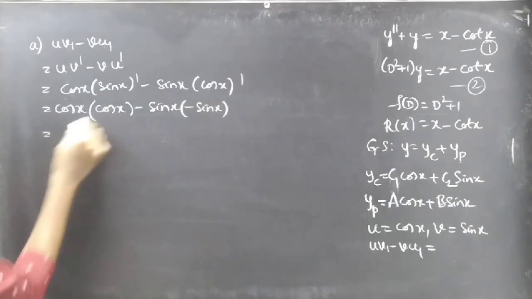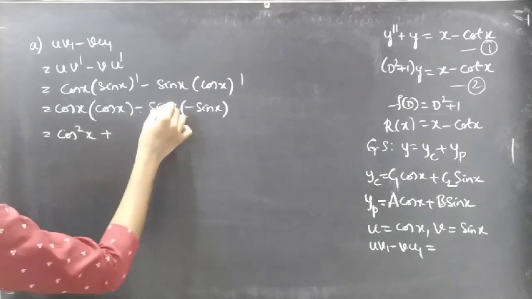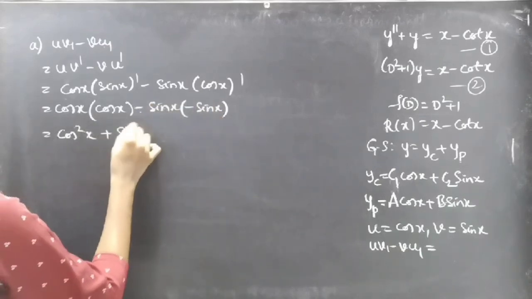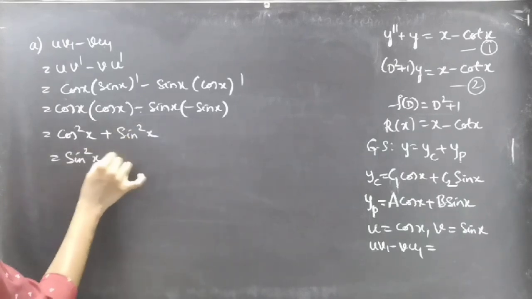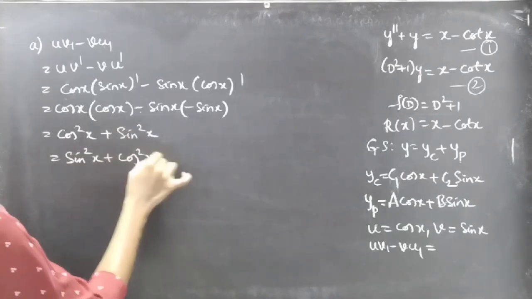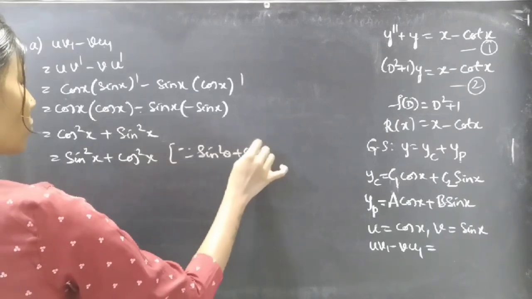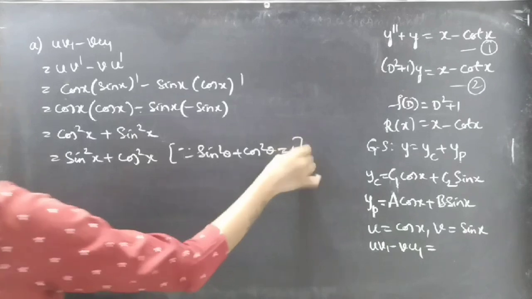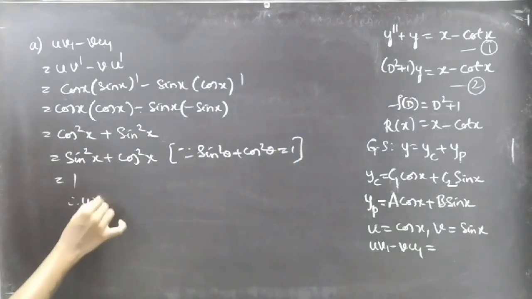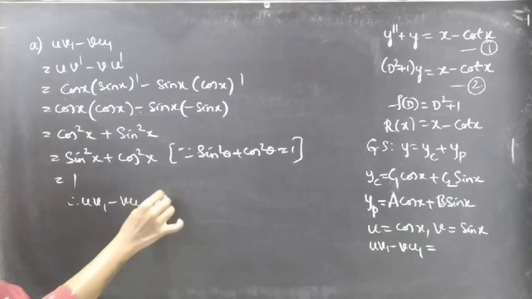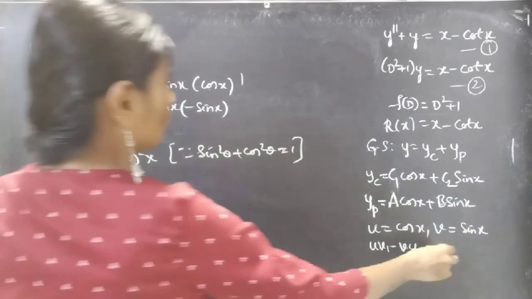This gives us cos x into cos x, cos square x, minus into minus plus, sin x into sin x, sin square x. Or we can write this as sin square x plus cos square x, since we know that sin square theta plus cos square theta equal to 1. Right? So you'll get 1. Therefore, uv1 minus v1 u equal to 1. Now let's find a.